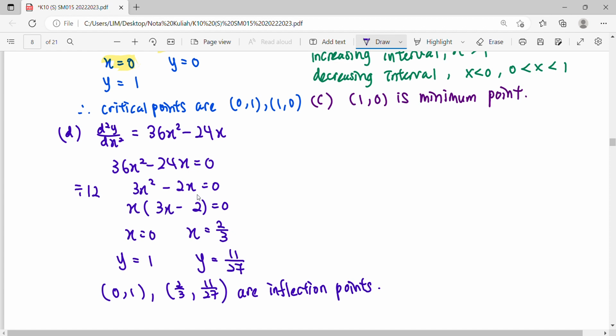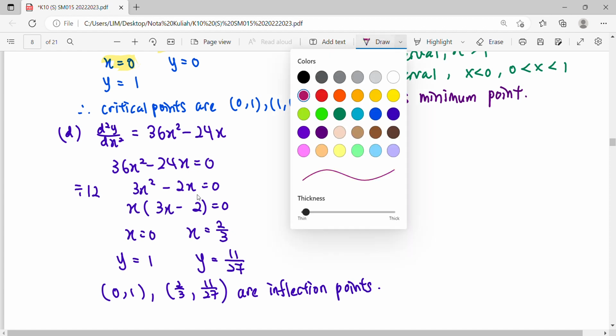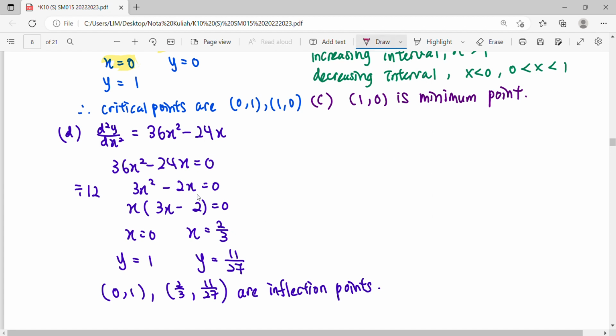Then based on the value we have, we sketch the graph based on the coordinates we have, plot our points on the x-axis, y-axis. (0, 1), so (0, 1) here, and (1, 0).